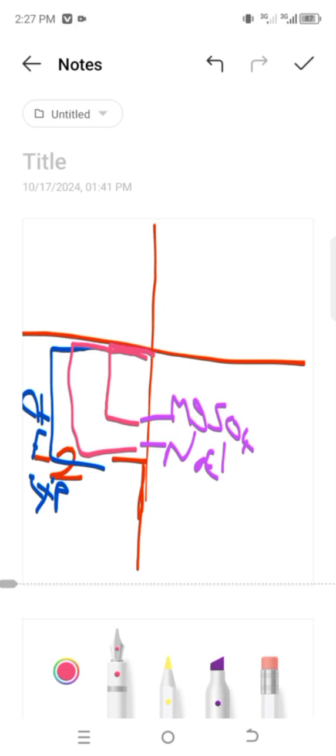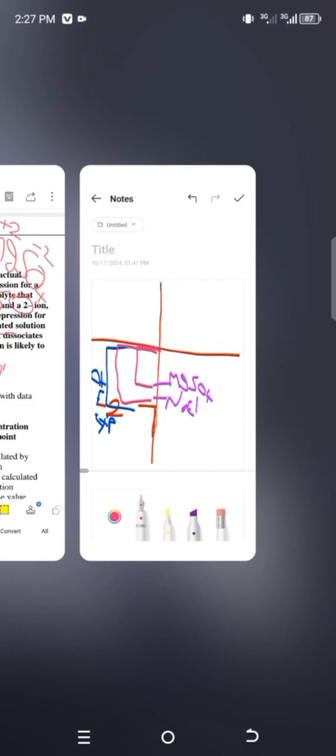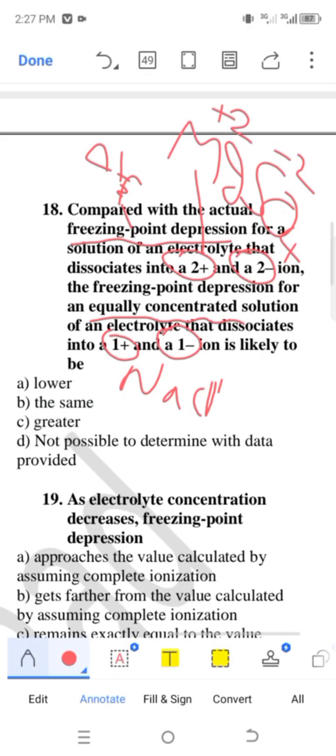You can notice that the delta TF of the NaCl compared to MgSO4 is higher, but the freezing point of MgSO4 is higher than the freezing point of NaCl. So C is the correct answer here. The positive one and negative one, compared to positive 2 and negative 2, have a greater actual freezing point depression.